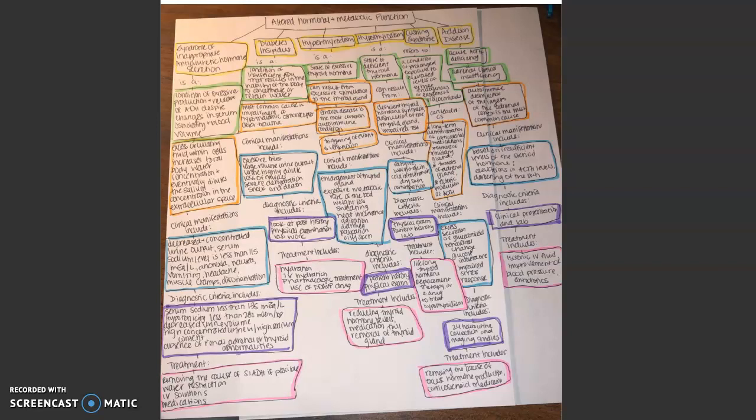For clinical manifestations, this includes excessive secretion of glucocorticoid, behavior change, glucose intolerance, impaired stress response. To diagnose this, they look at a 24-hour urine collection and imaging studies. To treat this, they remove the cause of the excess hormone production and also medication.